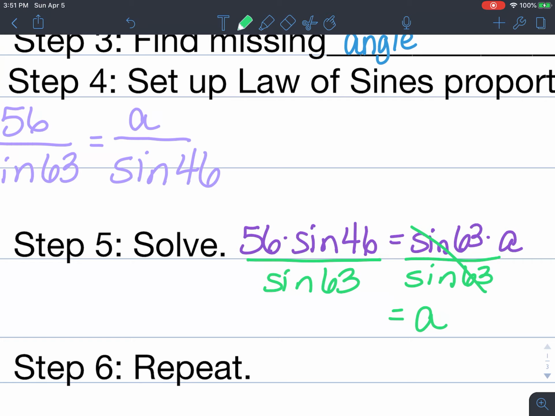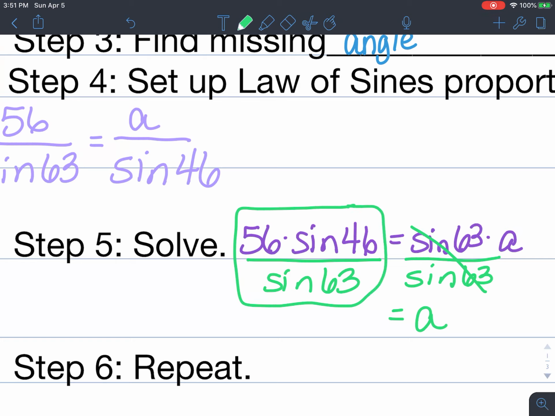So now you're going to need your calculator for this, and you do want to make sure that your calculator is in degrees. I don't know how recently you've been using it. So go to mode, and then go down to the fourth thing in that list. It should say radians or degrees, and you want to make sure that you're in degrees. After we figure that out, then you can type it in the calculator.